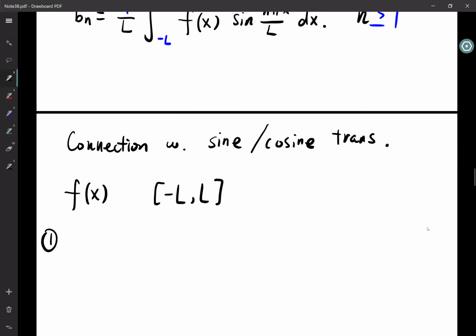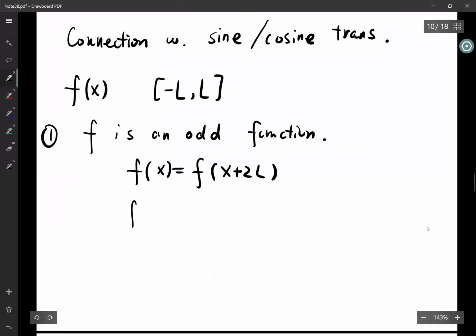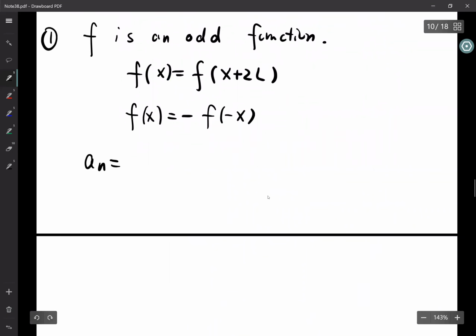First of all, if f is an odd function, it means that, first, it is of period 2L. Second, f(x) equals minus f(minus x). Then you can immediately find that all the An's, this is odd times even, so this is an odd function. This is 0 by symmetry.